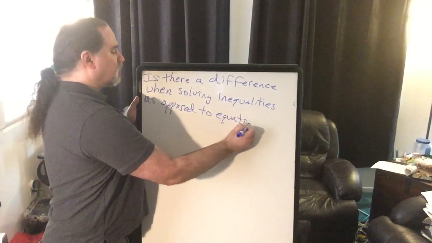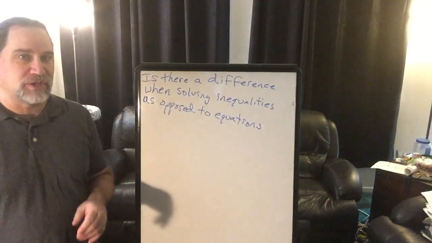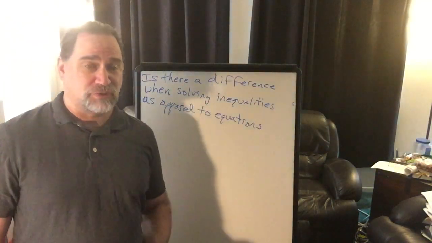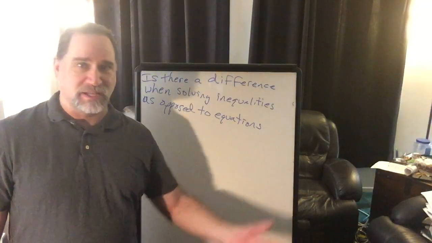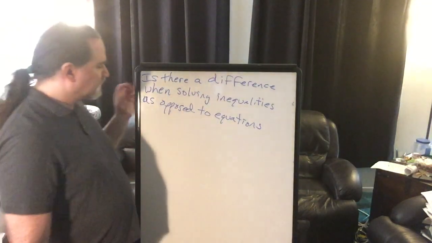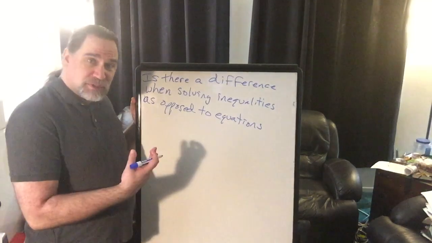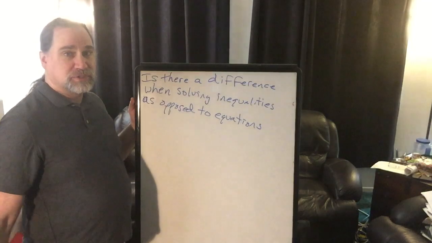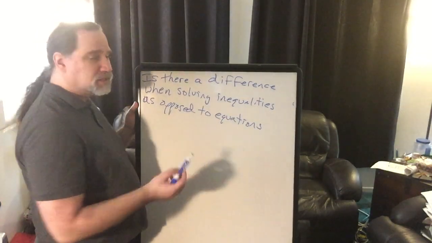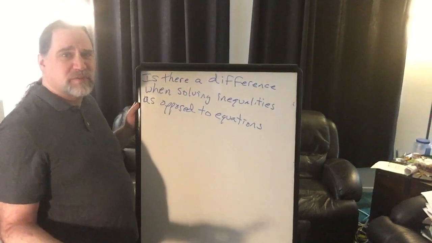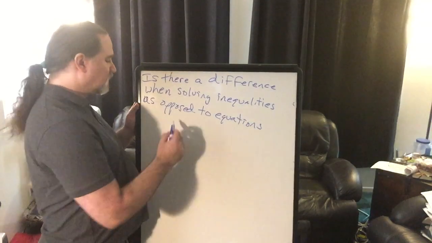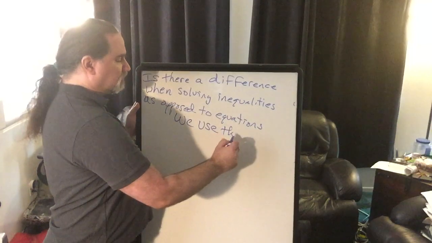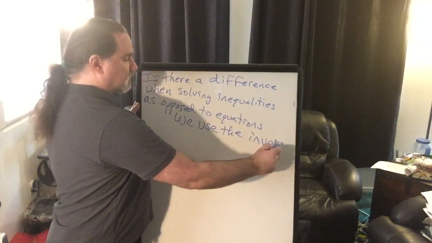We've just spent all this time learning how to solve an equation. Equations have equal signs. Inequalities have those symbols that I just showed you: at most, at least, greater than, less than, greater than or equal to, less than or equal to. Is there a difference between solving an inequality versus solving an equation? The answer is sort of yes and no. We use the inverse order.